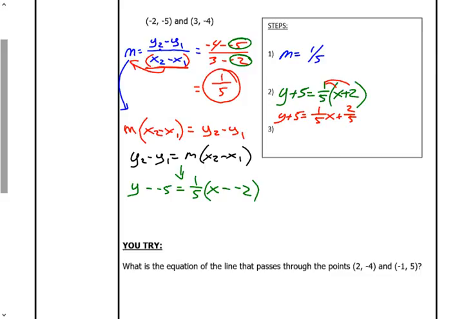So if you're having trouble with that distributive property, just make sure you use it in your calculator. That's fine. And what I end up getting for my answer is a little bit tough. But there it is in slope-intercept, which means that the y-intercept was never a clean number. That's fine.